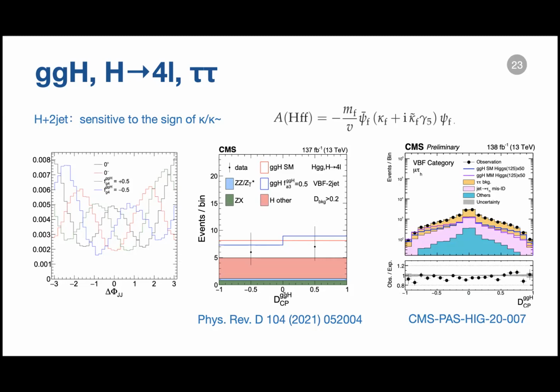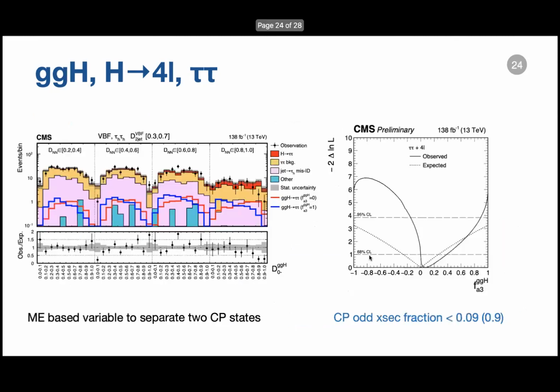So you see this observable, when you have no mixture, it's straight flat. But if you have, let's say, a positive mixture, then it's forward-backward asymmetric. And you can imagine if you have a negative mixture, then this will flip to the other side. So it's a tau-tau analysis. This really could give you a hint when you have some mixture of CP or CP violation.